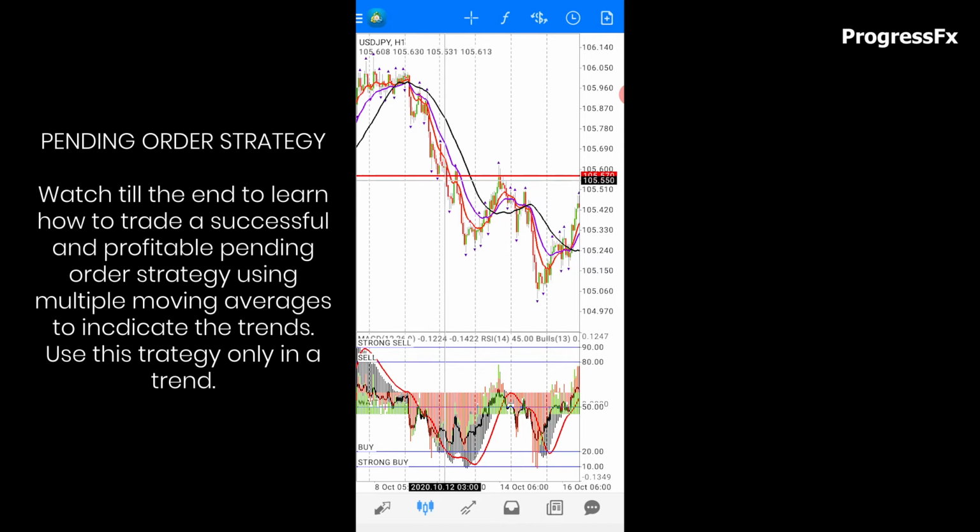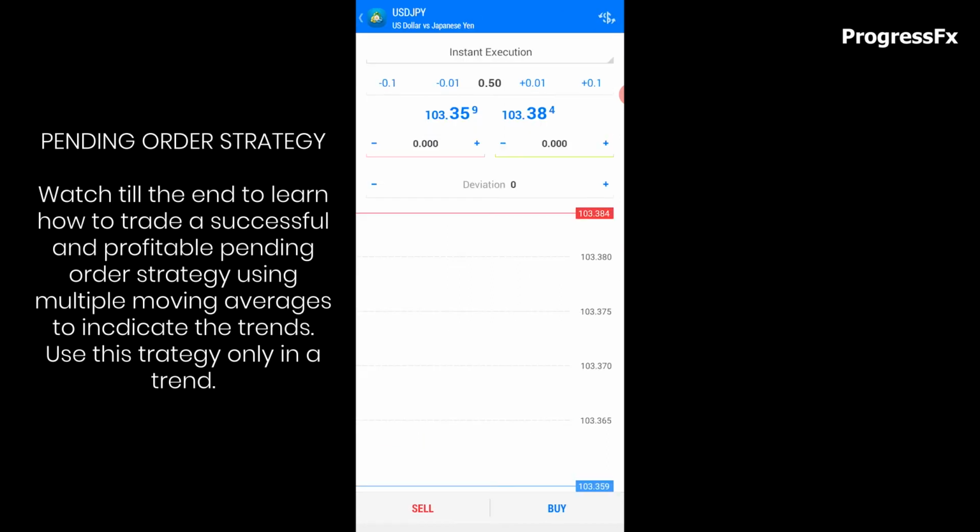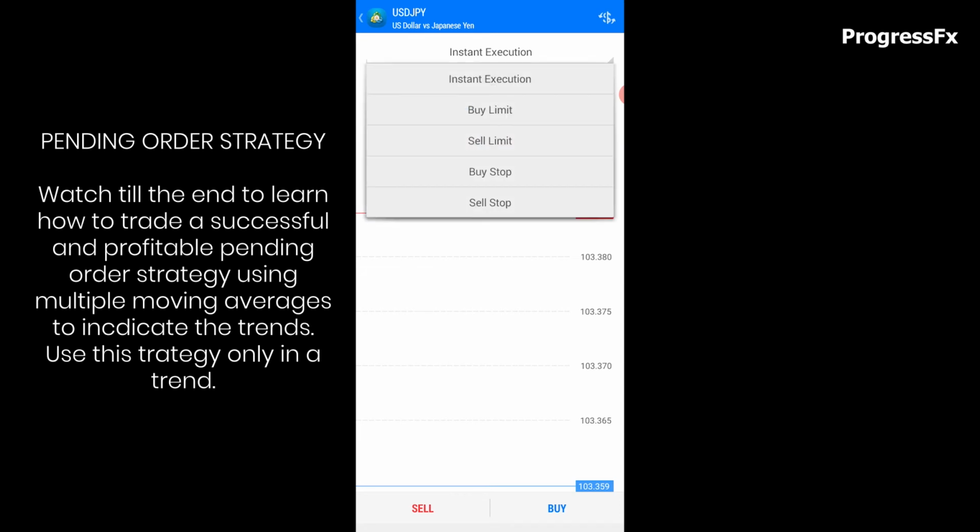You relax and wait for the market. So in as much as it is a trend, definitely the market will pull down and open your pending order. How to open a pending order is you click plus here, go to instant execution and select a sell stop, or buy stop in the case of an uptrend.